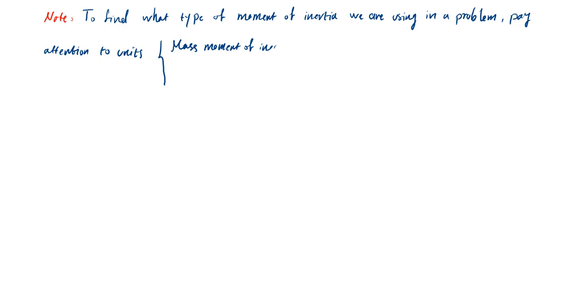I try to say mass moment of inertia and area moment of inertia, but you will see just moment of inertia for both. The unit for mass moment of inertia is kilogram meter squared, while the area moment of inertia has the unit of m^4. And also you can realize that based on the context and what the problem is talking about, aside from paying attention to units.